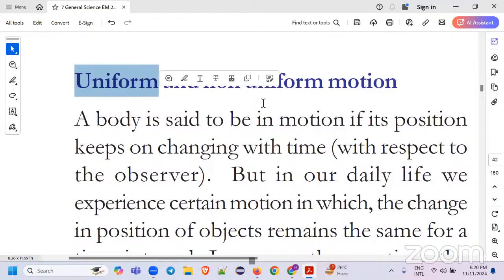An object moving along a straight line with a constant speed is said to be in uniform motion. The speed of a vehicle or an object moving along a straight line with a constant speed is said to be in uniform motion.